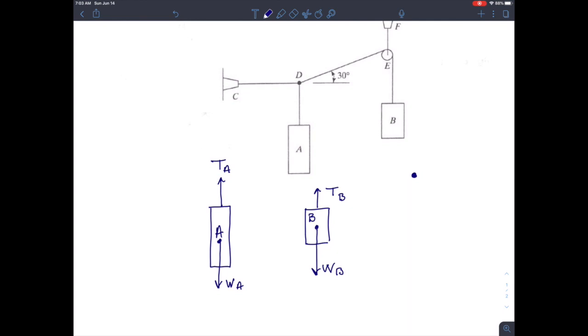So extending from the pulley we have the tension from the cable B. And then another force that's acting would be this force coming here at 30 degrees.